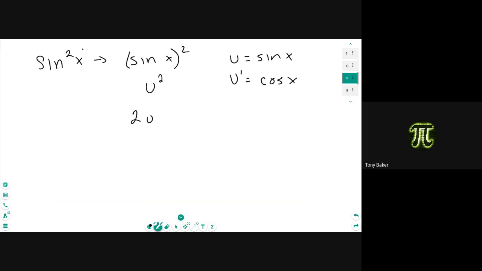Correct? Because that's just bringing down the exponent, right? Yes, everybody good? Okay. So the chain rule states it's 2, u is sine of x, times the derivative of that. And that gives me my answer. So you're basically taking that internal function and turning it into just an extra piece that you're substituting. So this would be your 2 sine of x cosine of x.